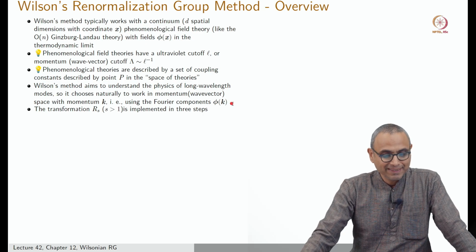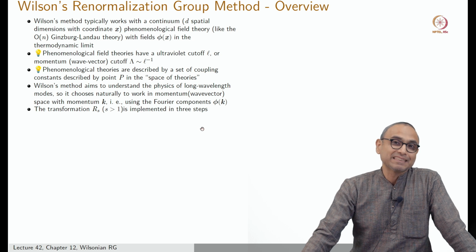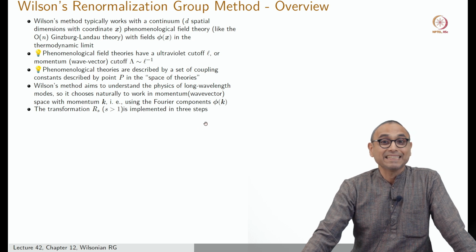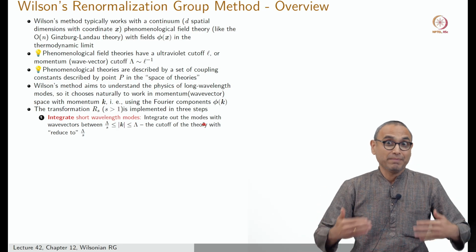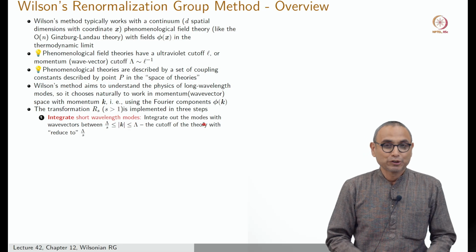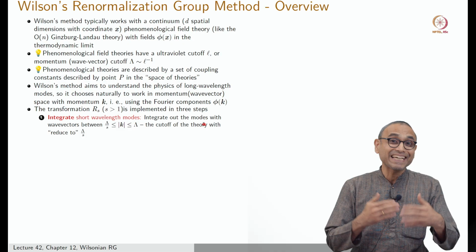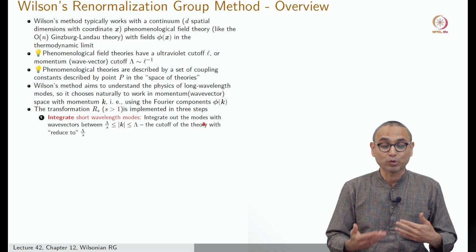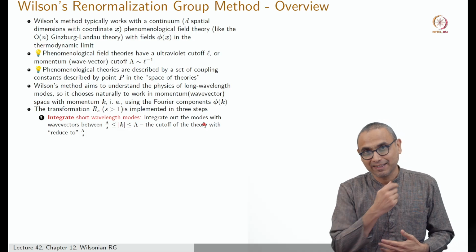Okay. So the transformation R_s is implemented in Wilson's method in 3 steps. We will see this many times so that it gets internalized. The first step in Wilson's idea is to integrate out the short wavelength modes. I would like to immediately connect to what we did in the real space method.